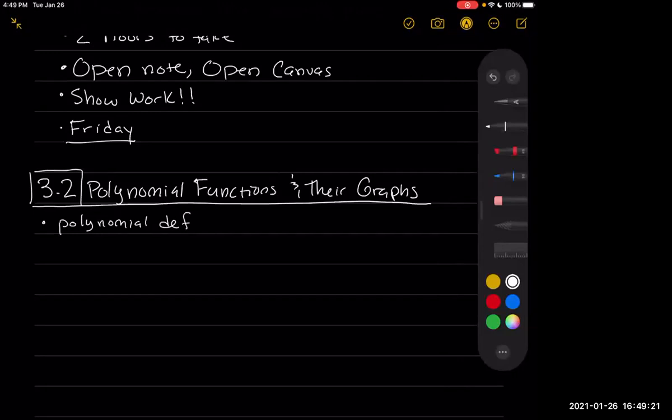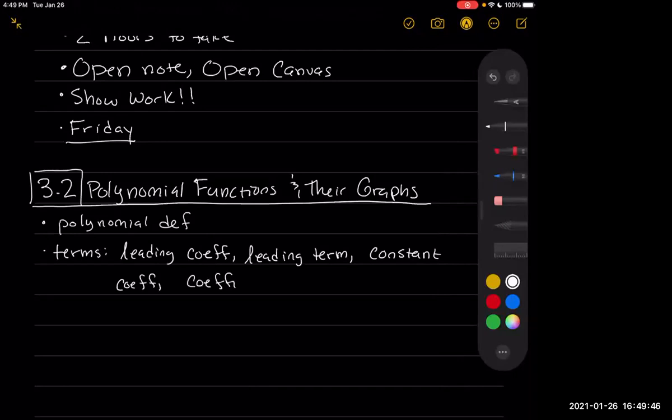And we also learned the terms leading coefficient, leading term, constant coefficient, and then just coefficient. So you need to be able to describe them and recognize them in problems.